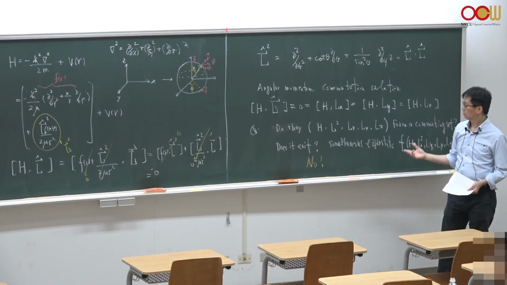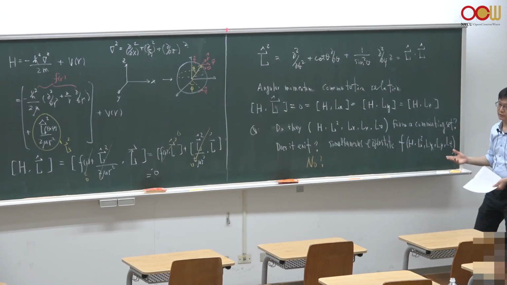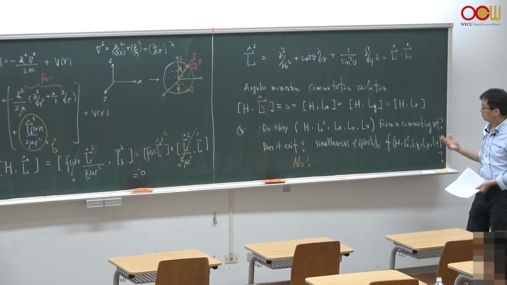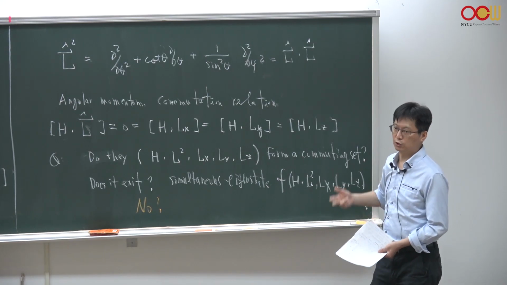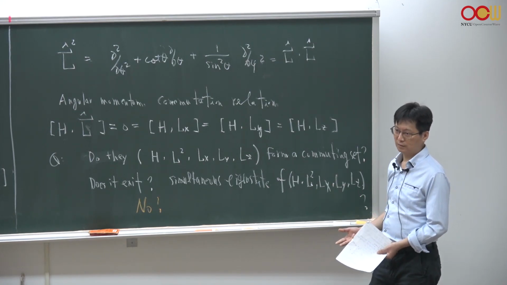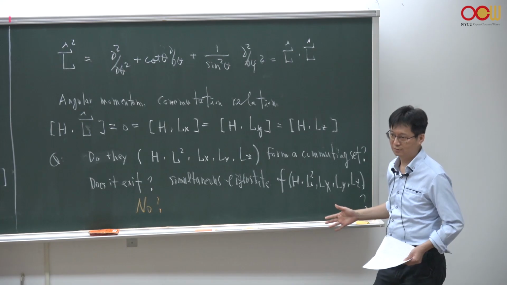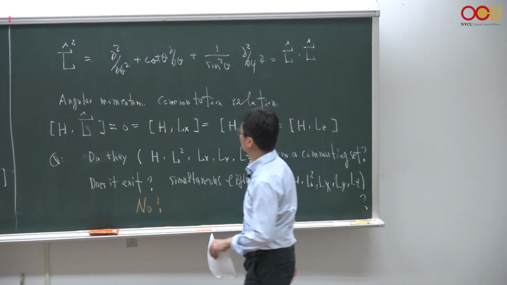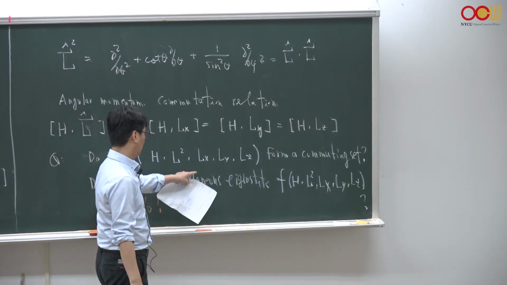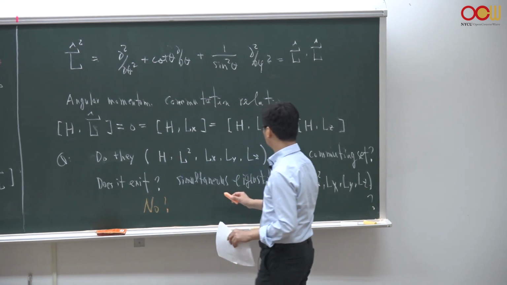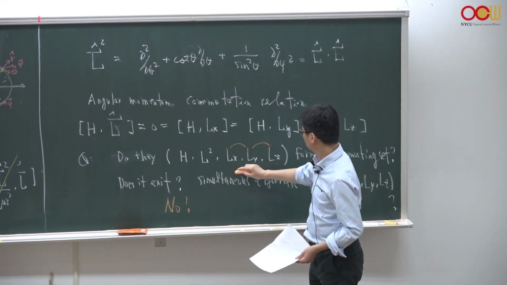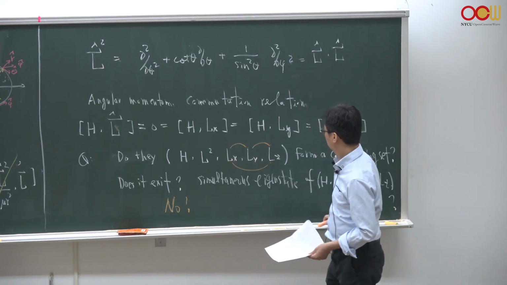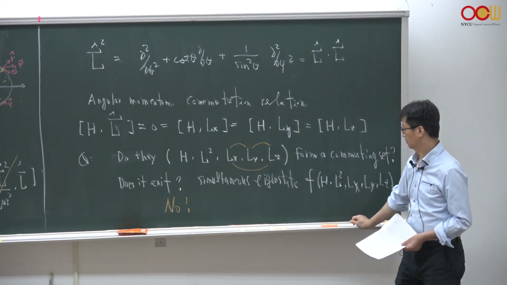Remember, to form a commuting set, we need to show that the commutators between any 2 operators in that commuting set vanish. There's no exception. But we'll see in just a moment that Lx, Ly, and Lz will not commute between any 2 of them.